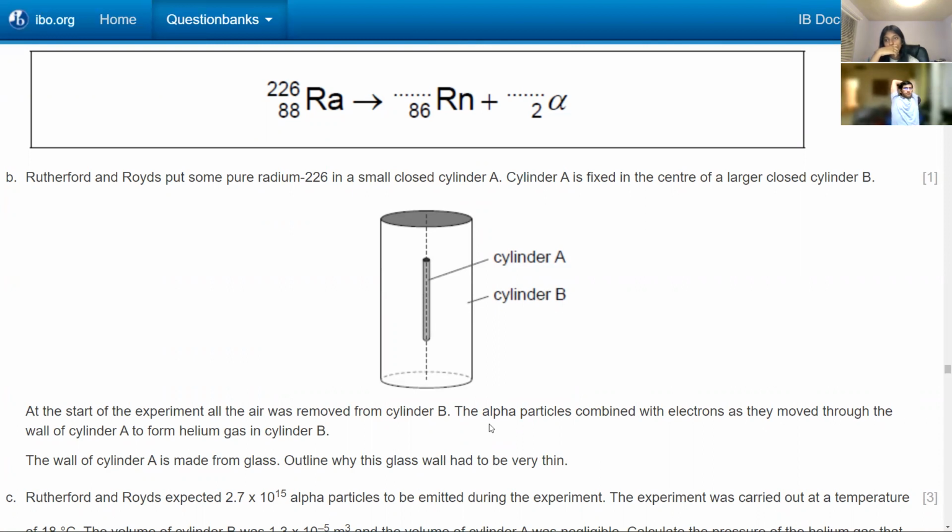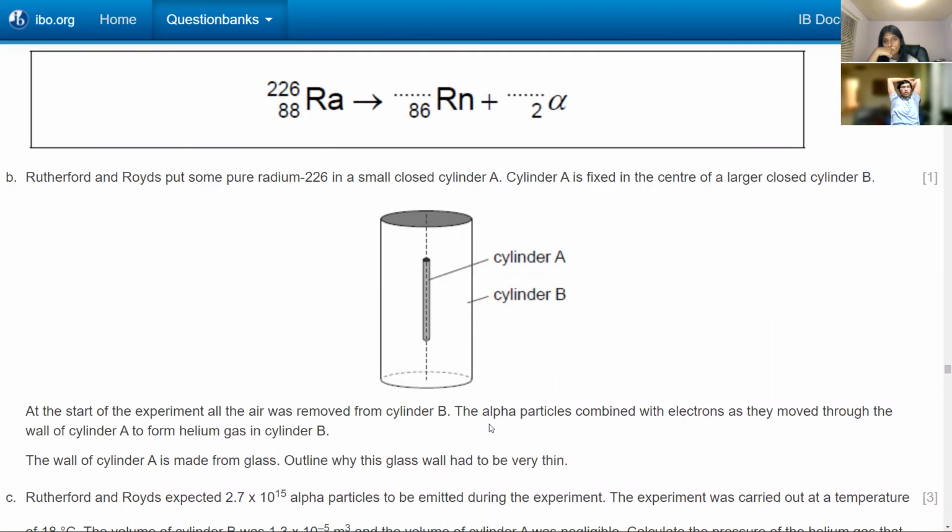The wall of cylinder A is made from glass. Outline why this glass had to be very thin. Otherwise, how could the alpha particles move through cylinder A?